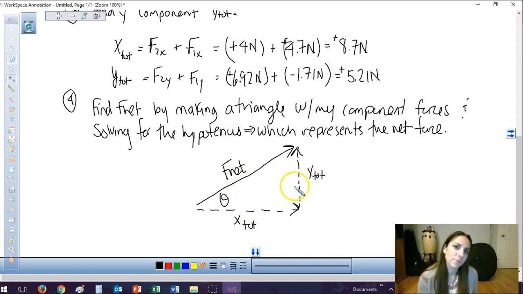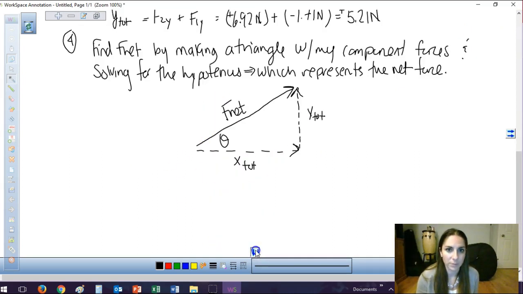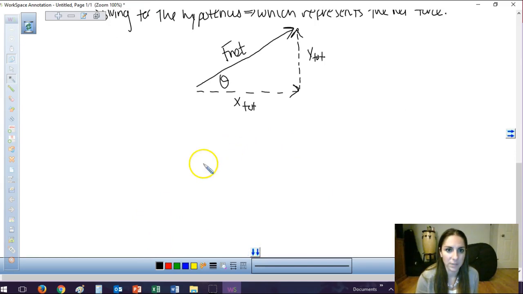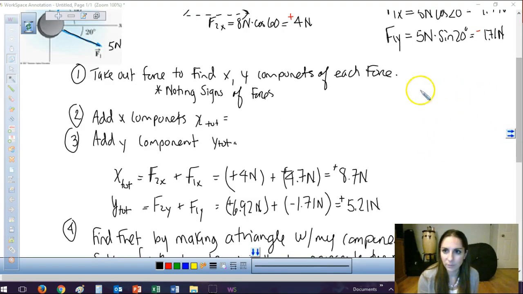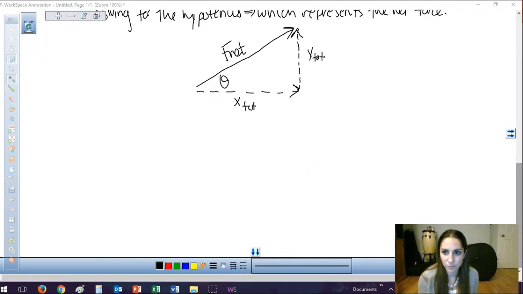So we basically are going to solve this triangle completely. I'm going to redraw it, but now I'm going to use the actual numbers to show you. My first x total was 8.7, so I'm going to draw that.